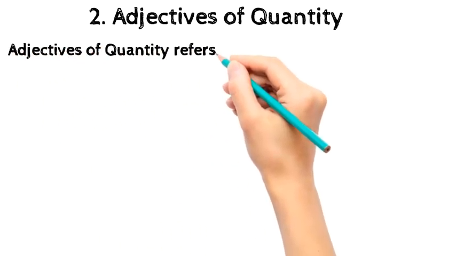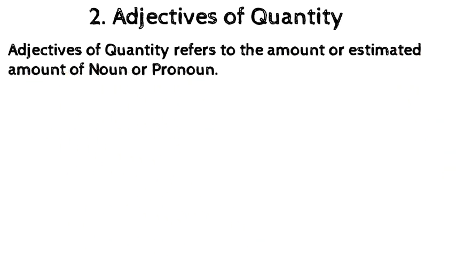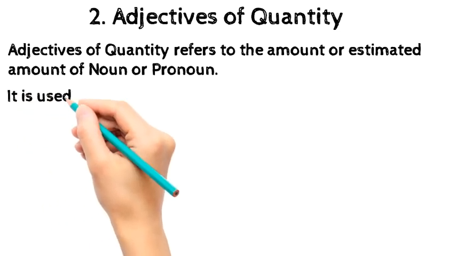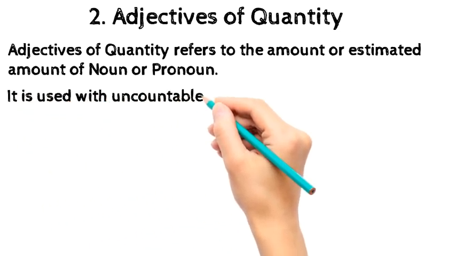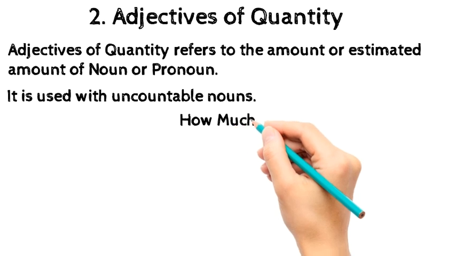Adjectives of quantity refer to the amount or estimated amount of a noun or pronoun. Secondly, they are used with uncountable nouns. And basically, they answer the question how much.